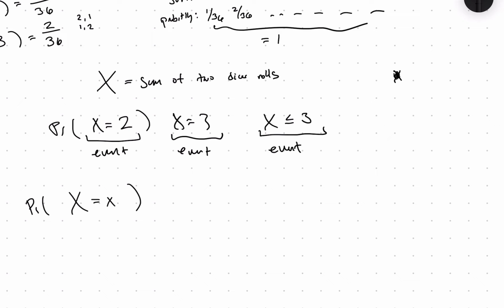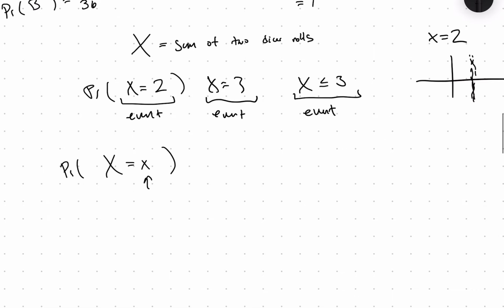The line x equals 2 is a line where y varies and x stays at 2. Here is x equals 2. So you can think about it as varying, and because of that, this represents what's called the probability mass function.